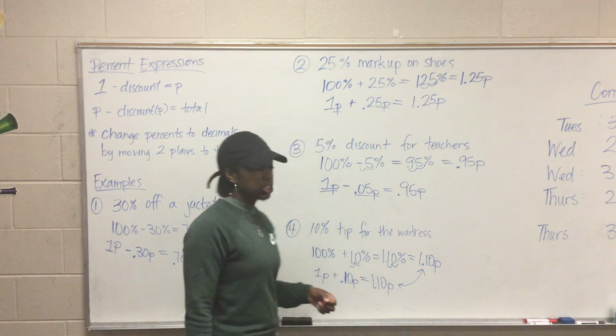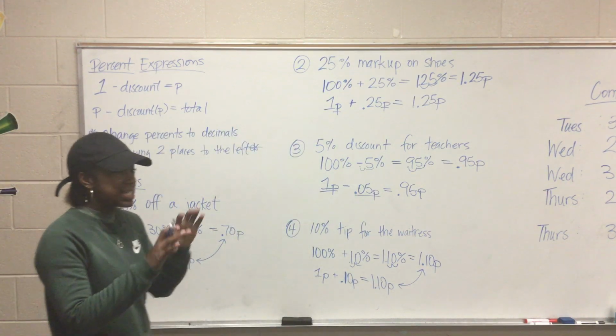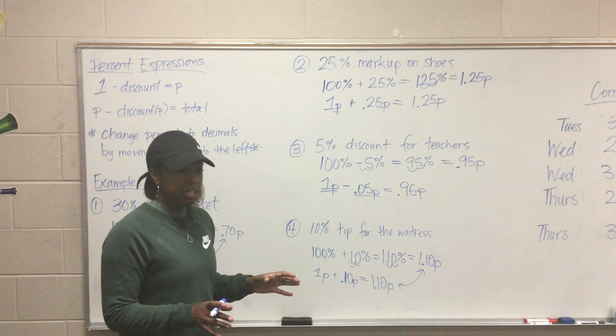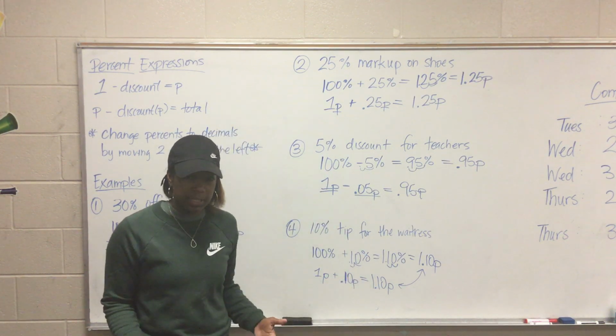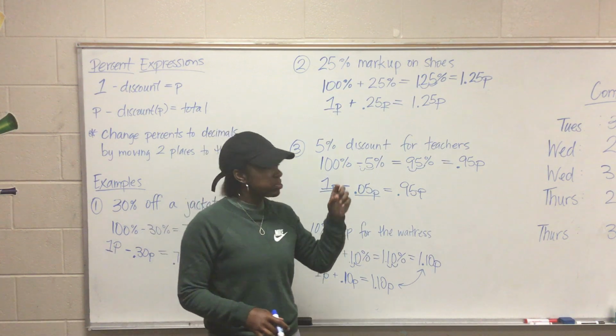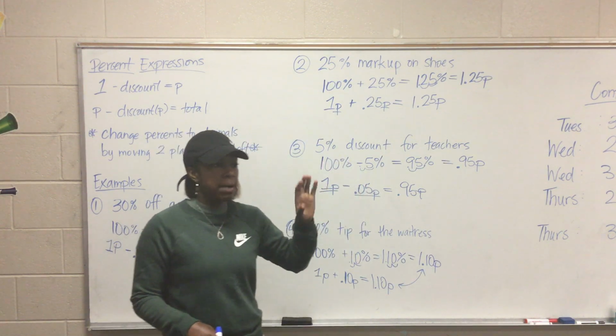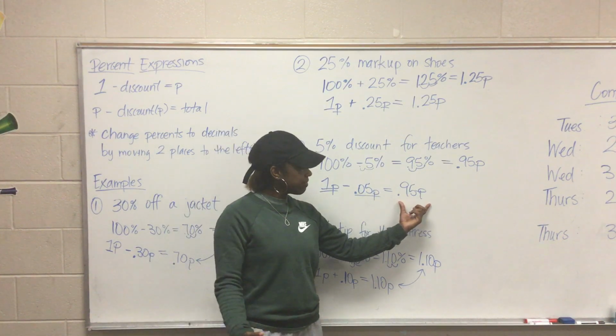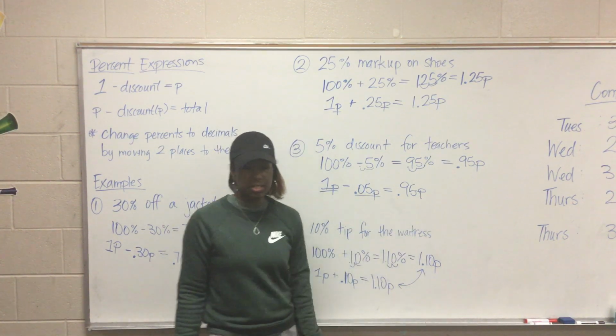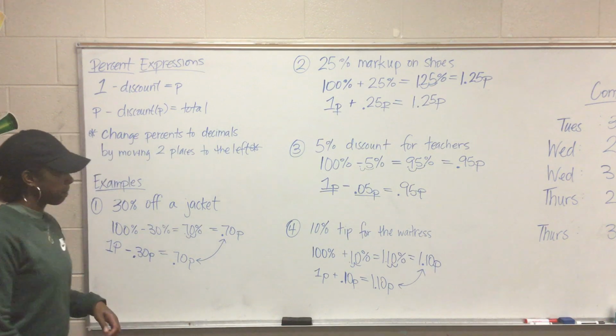So you want to think of it as if the whole price is 100%. If I bought a jacket at full price, regular price, it's 100%. If it's a 5% discount, then I'm only paying 95% of that price. Change that to a decimal, and you'll get 0.95P.